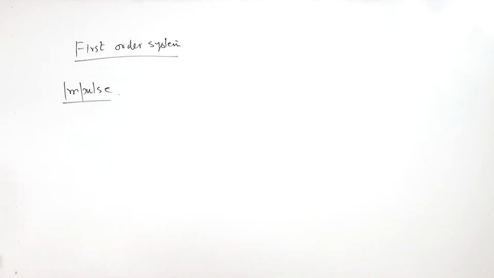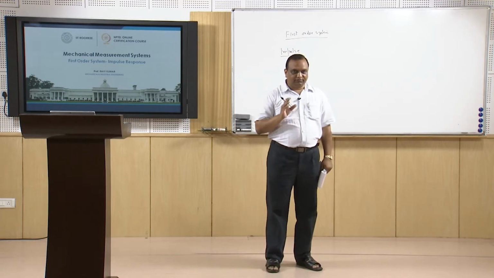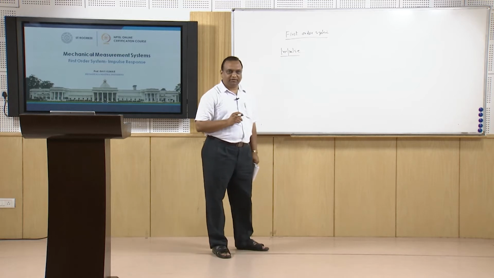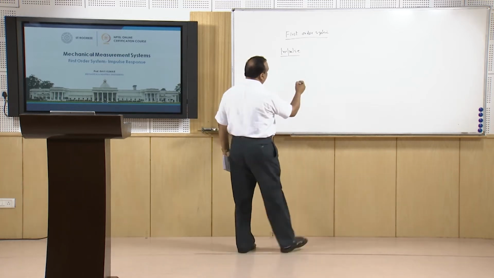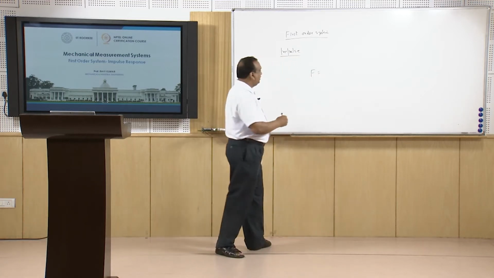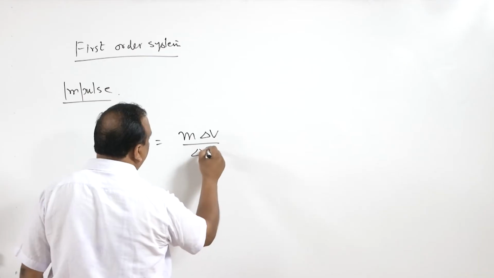As all of you know, an impulse is exerted when a large amount of force is put on a body for a very short duration of time. By Newton's second law of motion, force is defined as the rate of change of momentum, m delta v by delta t.